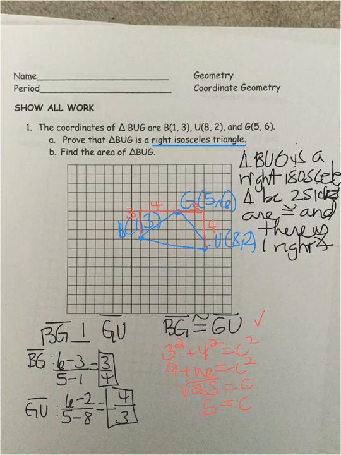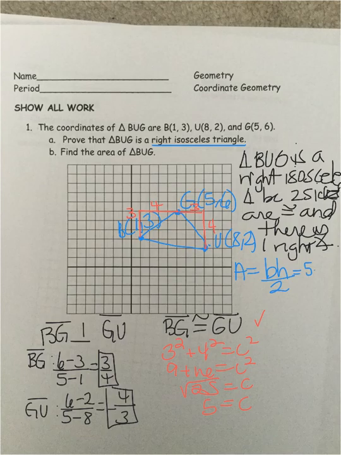So the area formula of a triangle is 1/2 base times the height. So we know that the base of this triangle, BG, is 5, and the height, GU, is also 5, because it's isosceles.